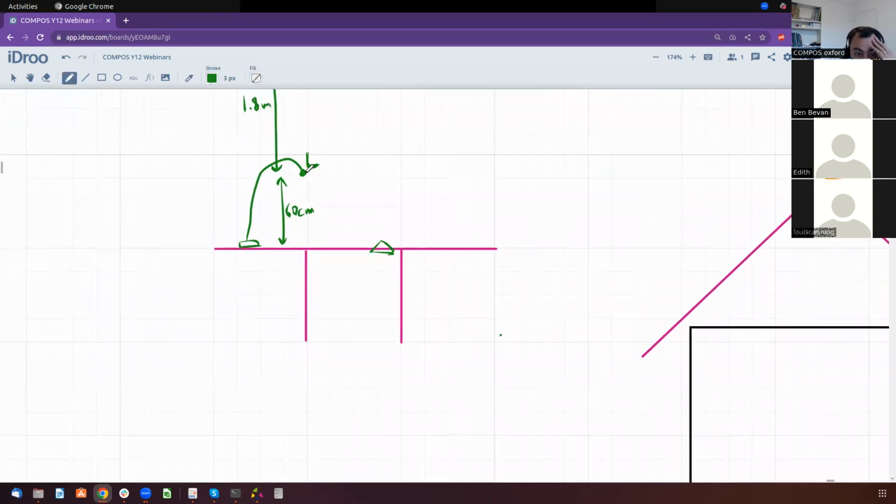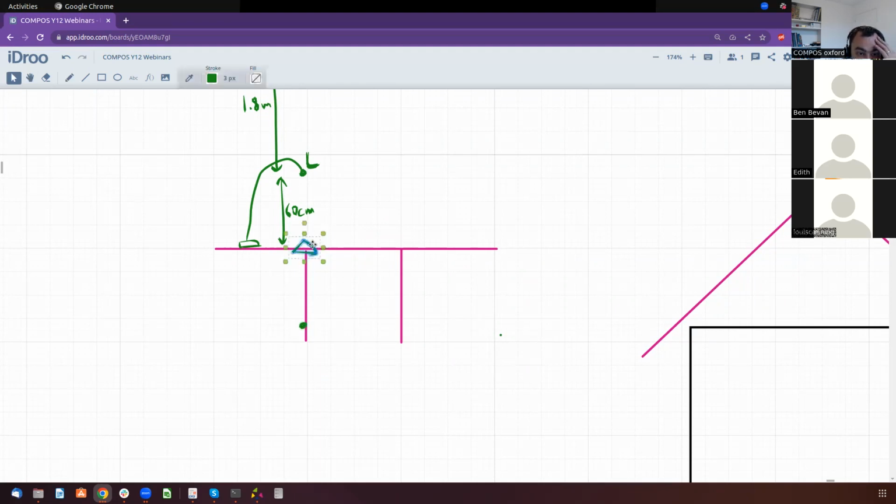So the image of the lamp would be the same as if the mirror was here, the image would be here.